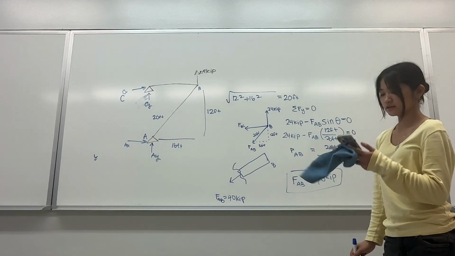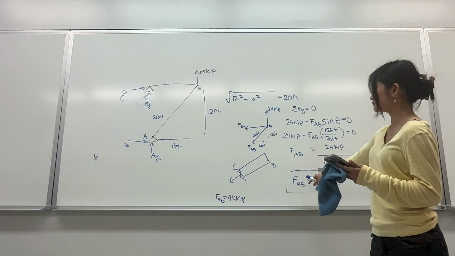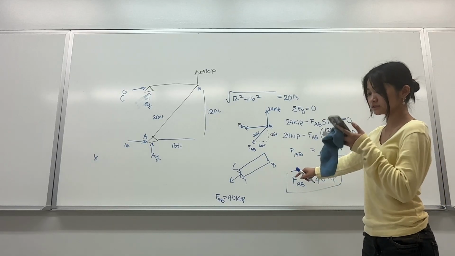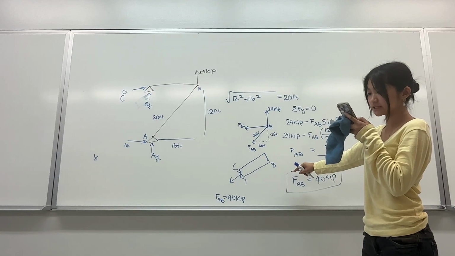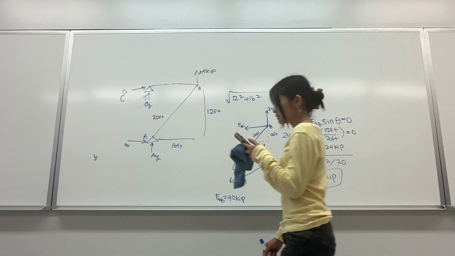So now we have what we need to use the original equation, which is solving for the diameter using the allowable stress.